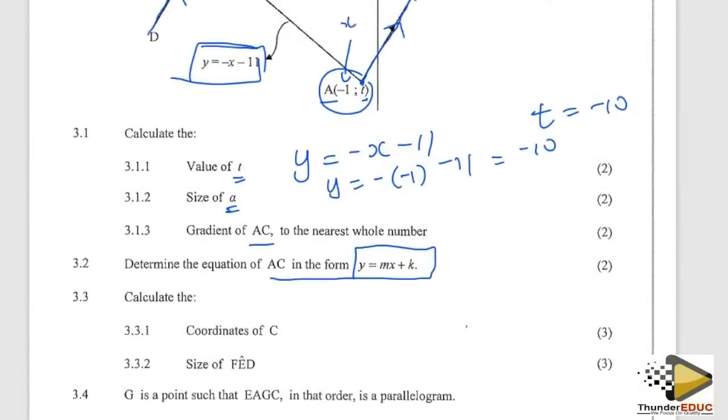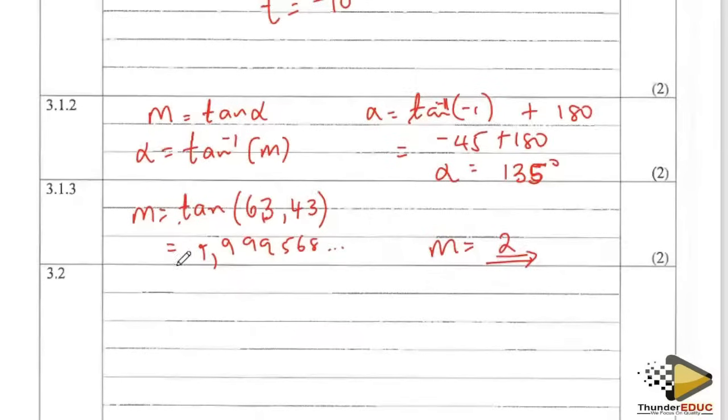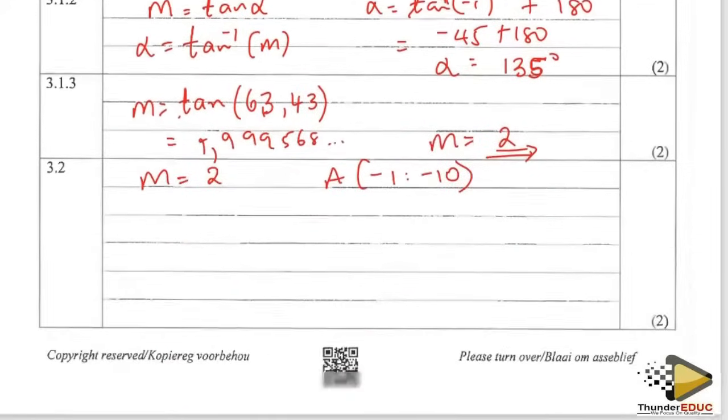Now, since we already have the gradient, and there's this one point A, we can use that. So we're going to use the gradient of 2 and point A, which is -1 and -10. Remember correctly, yes. There are 2 ways of doing this.